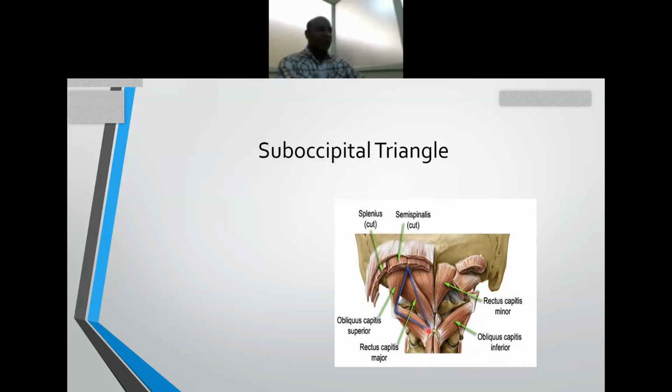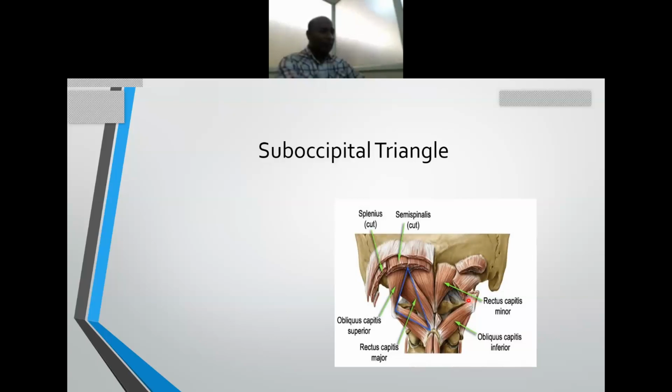So the muscles overlying the deeper muscles will form the roof of the suboccipital triangle. That will be semispinalis and the splenius cervicis or splenius capitis. Semispinalis capitis, splenius capitis and the longissimus muscle will form the roof.